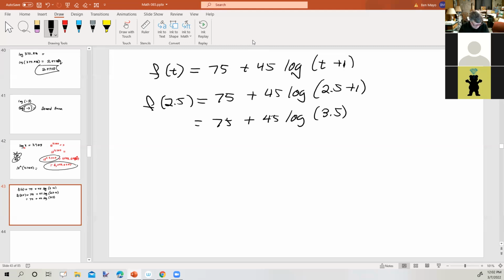So on the calculator, 75 plus 45 and then log of 3.5, close it up, equals, and I get 99.483062. In this case, it would be appropriate to round off to the nearest sunfish, which would be 99. There's 0.48 of a sunfish swimming around there. All right. Any questions about that?